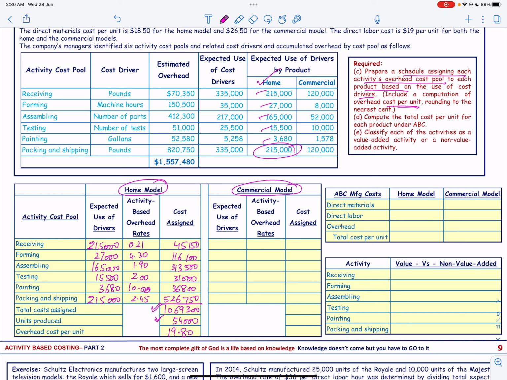Now we come to the commercial model. For the commercial model, the expected use of drivers by product is 120,000, 8,000, 52,000, 10,000, 1,528, and the total is given as 120,000.